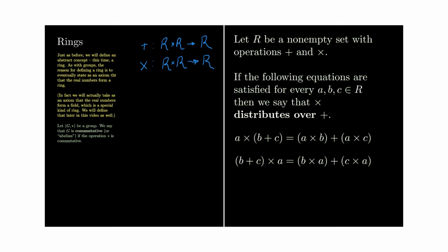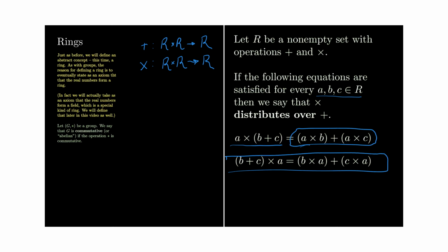We will say that the times operation distributes over the plus operation if for every choice of 3 elements from R, call them a, b, c, then when you write a times (b plus c) in parentheses, you get the familiar distribution of a into the sum, and likewise the distribution also holds when distributing from right to left into the parentheses.